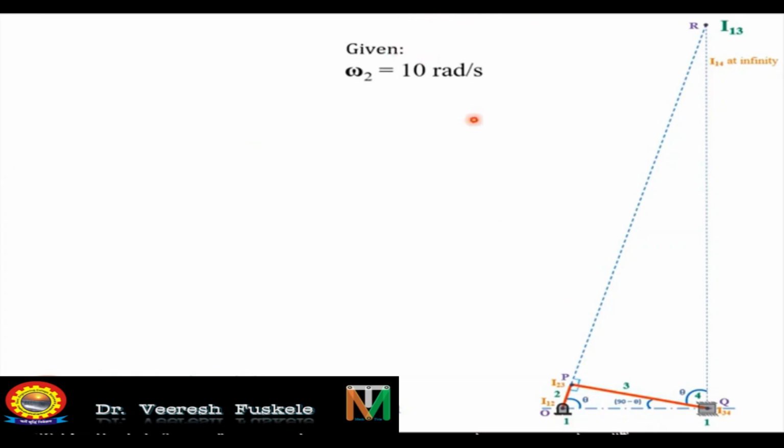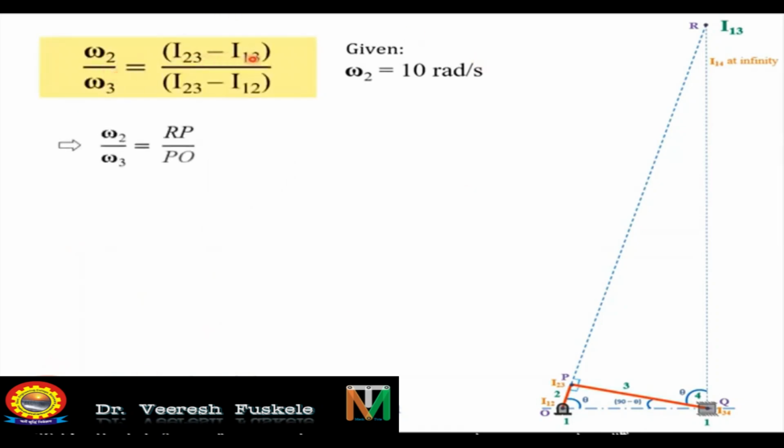Now writing the angular velocity ratio theorem, as we have seen in the previous video, omega 2 by omega 3 will be given by I23 minus I13 divided by I23 minus I12. This relation we have already seen in the last video.